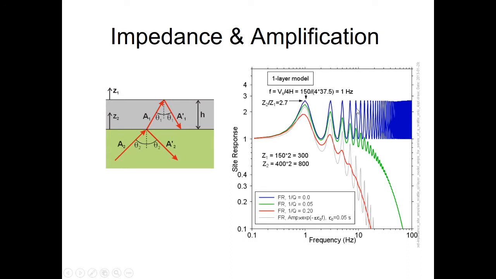That comes out of the mathematics that I'll show you in a second. And if you didn't have any attenuation of high frequencies, this would just go on forever. But in the real Earth, we have attenuation. So the theoretical site response looks like the green curve or the red curve: a fundamental resonance mode, and then typically some overtones.